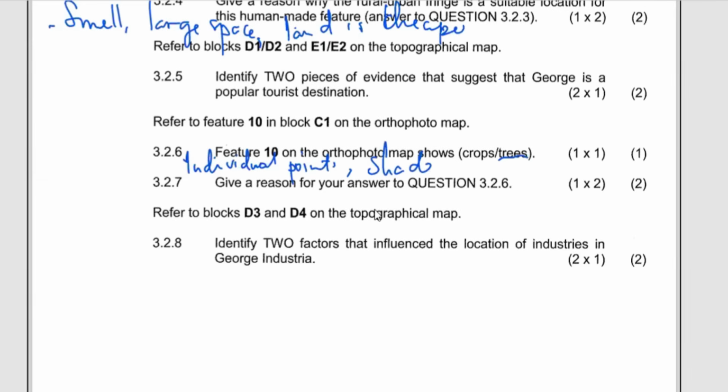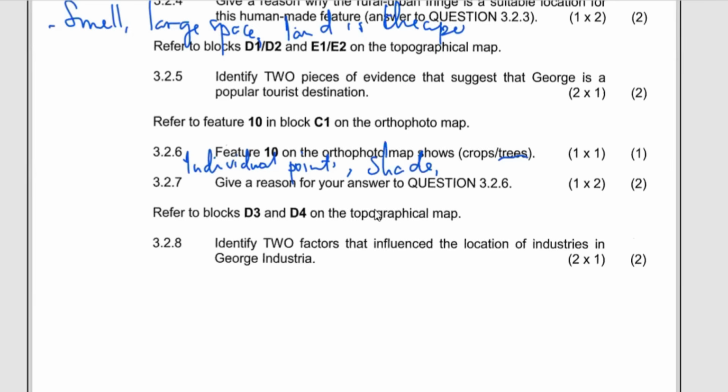Check on the shade of the features. Right, that basically can be the reasons that you can use to suggest that those ones are trees.